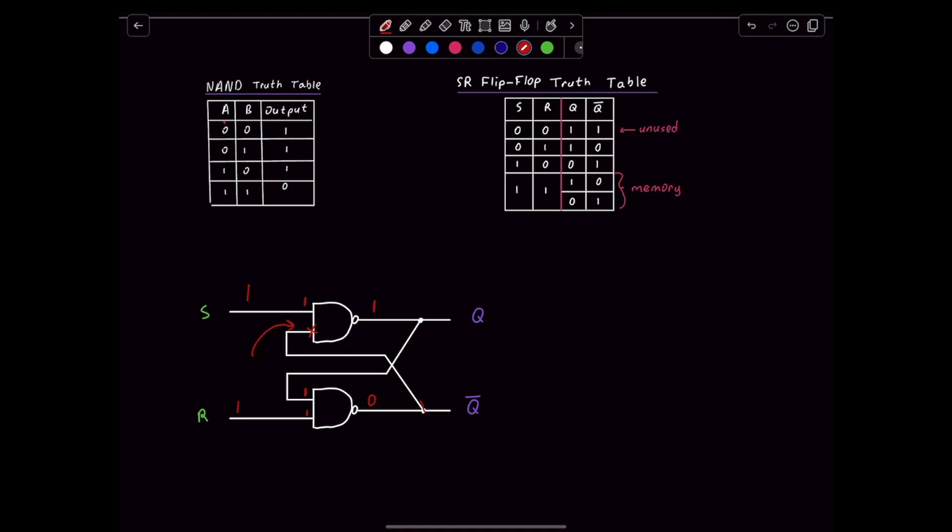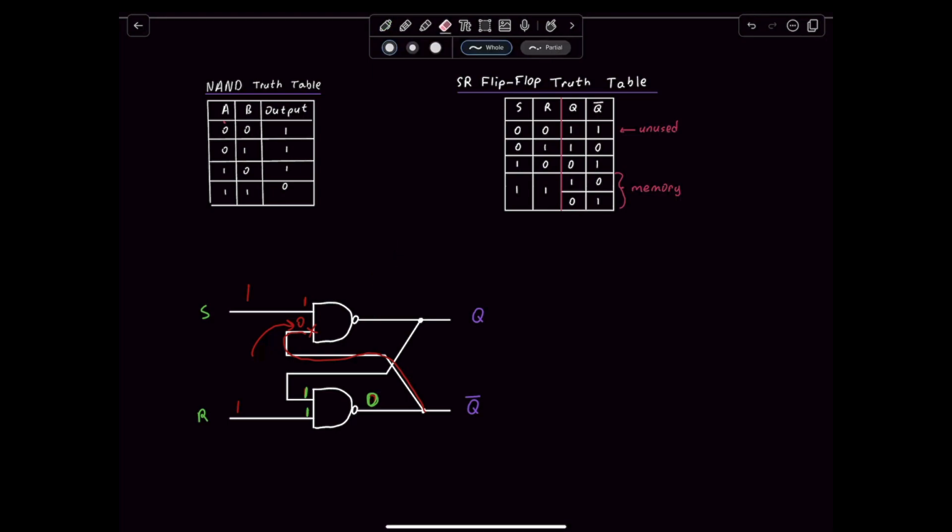Well, it is getting that fed from here, so that's 0. That's 0, which means this is always going to stay 1 over here. And the second NAND gate is getting 1 over here, right? And 1 for the other guy, so this is always going to stay 0. So this feedback loop keeps that state intact.